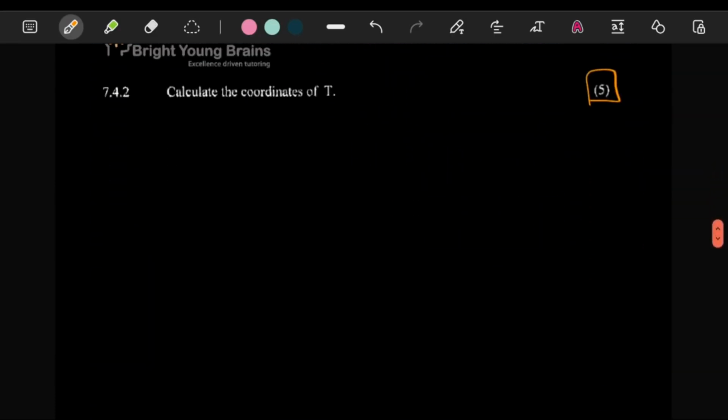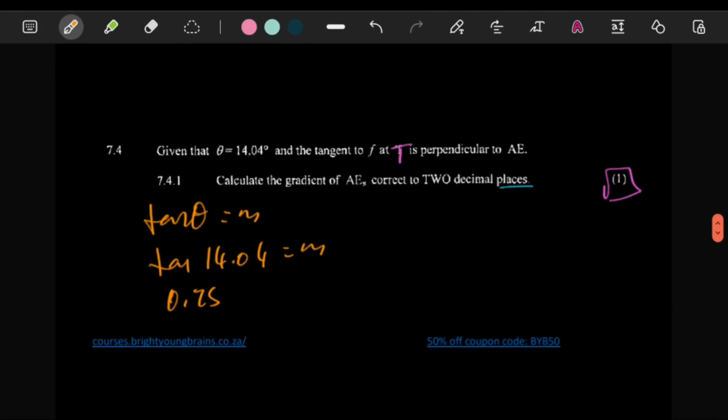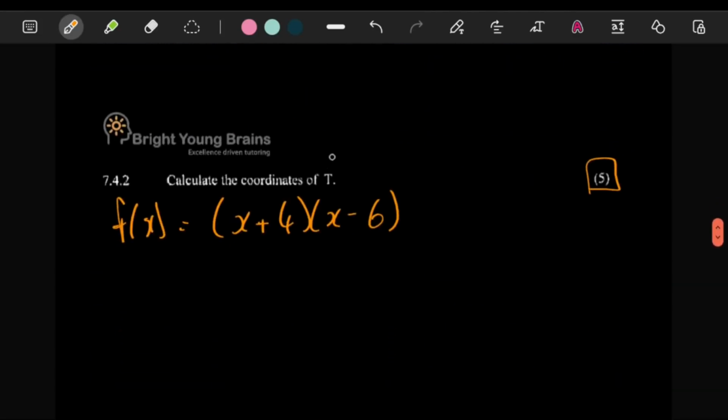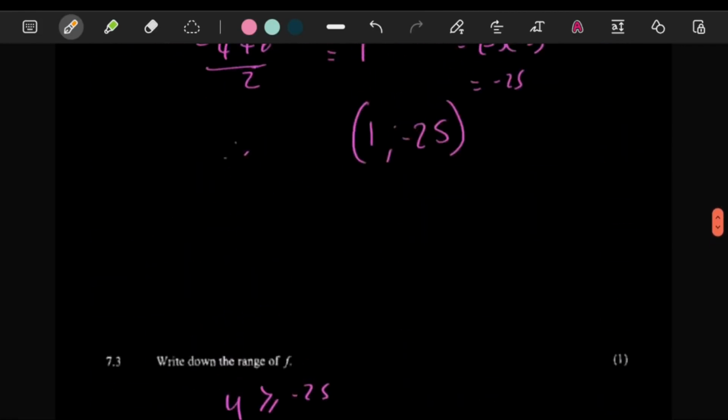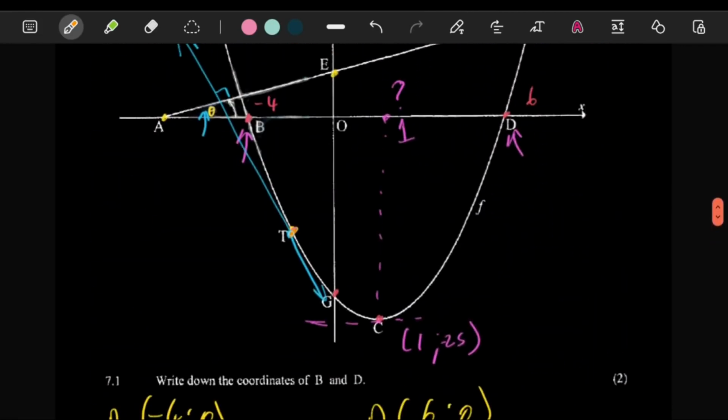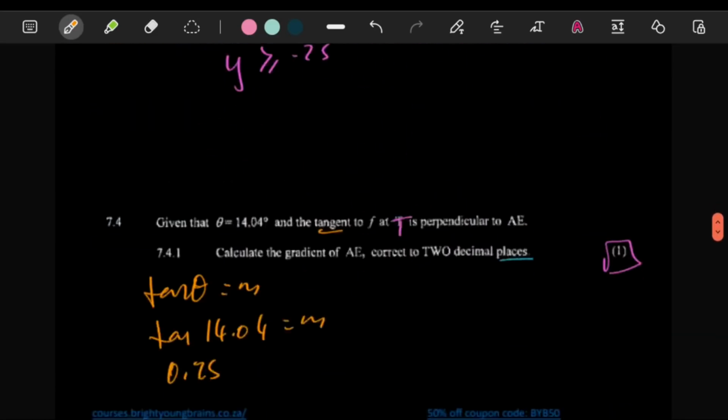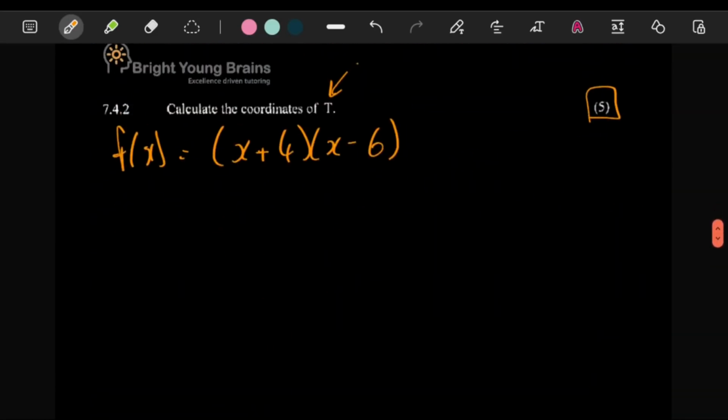To get the coordinates of T, I would start by making use of our equation, since they spoke about a tangent. It's easier to get the equation of the tangent first.